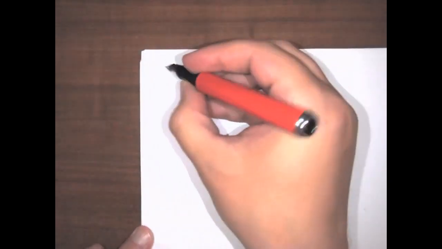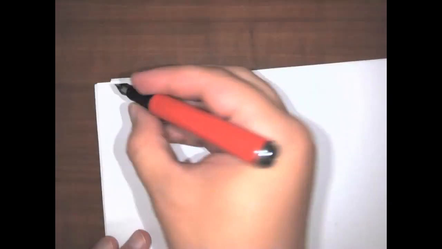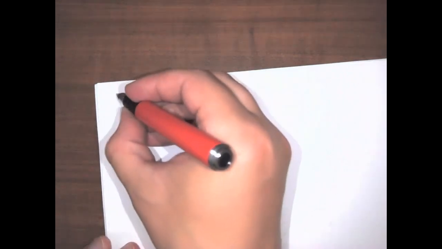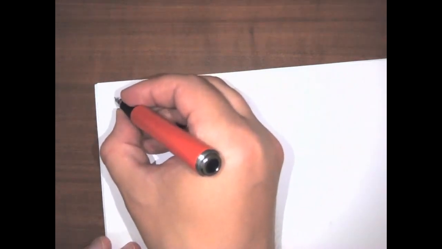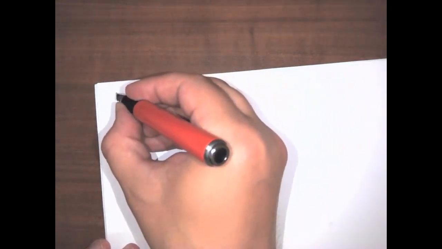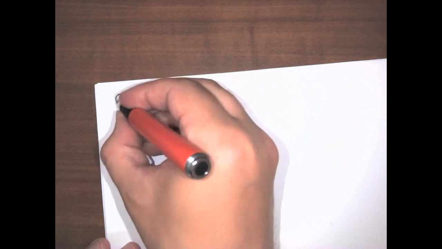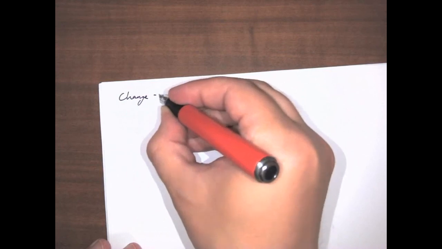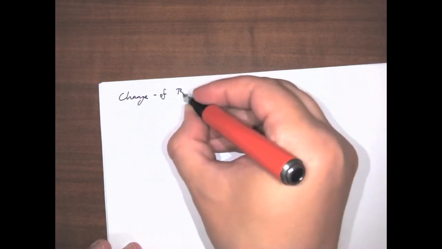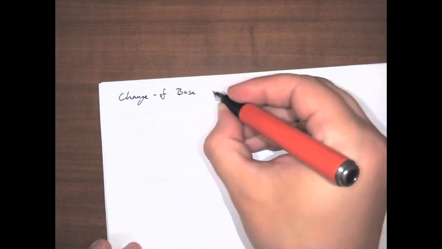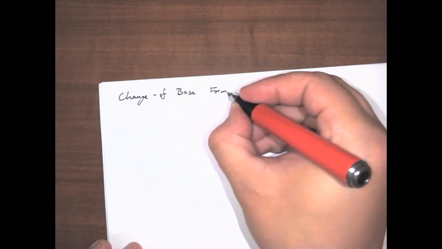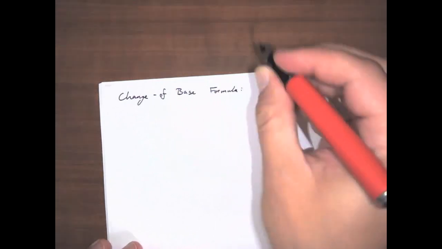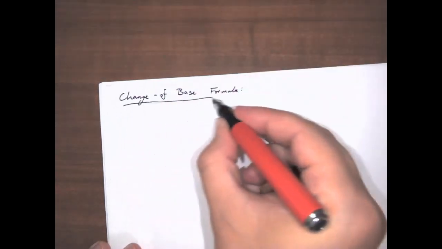So change of base formula is a way that we can evaluate all of the irregular logarithms. So we can evaluate log base 10, log base e on a calculator, but none other. So change of base formula is our patch for that.